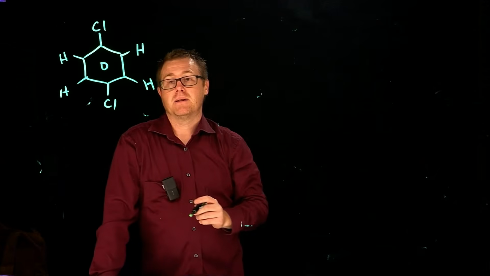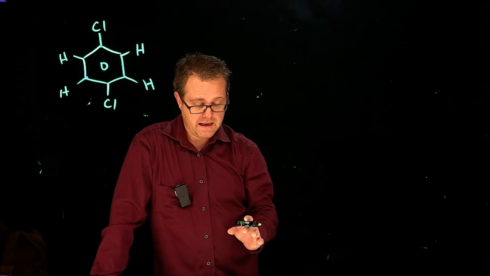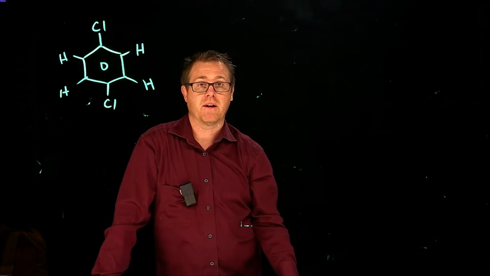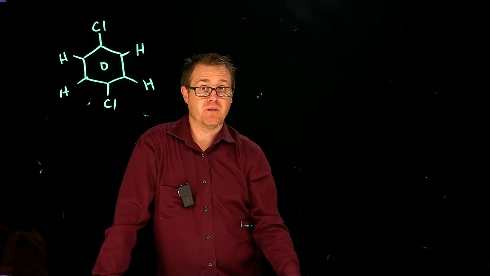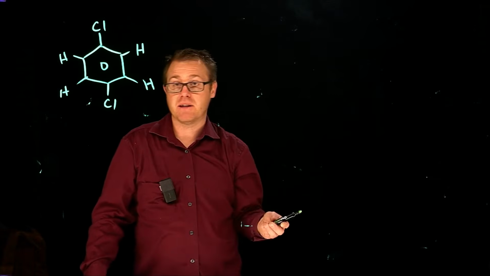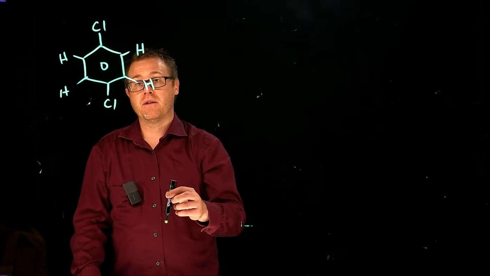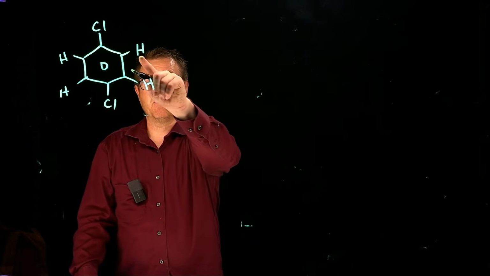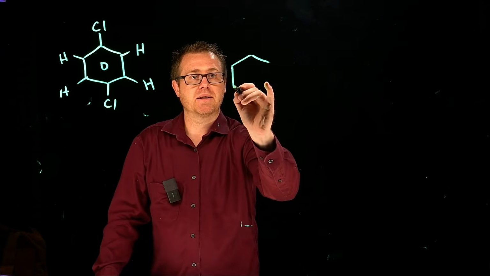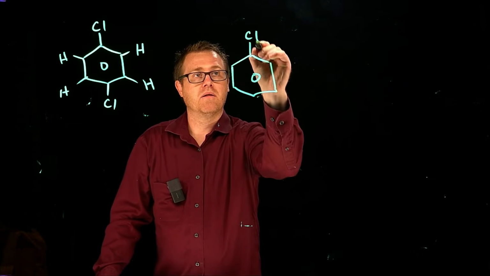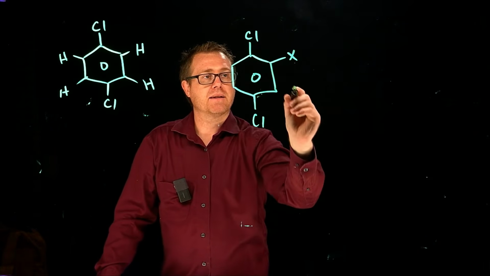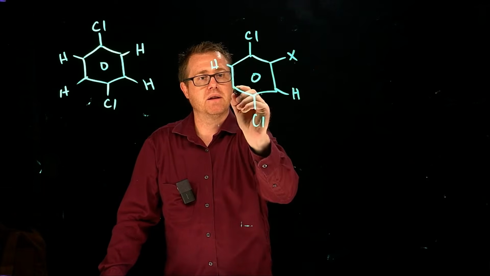Now, when we start this process of trying to figure out which hydrogens are equivalent or not, we have to select two groups of hydrogens or two single hydrogens and ask the question, what's their relationship? And there's no right or wrong way to do it. I'm just going to say, what's the relationship between this hydrogen and that hydrogen? And if I do the replacement test, that would look something like this. We'd go X, hydrogen, hydrogen, hydrogen.